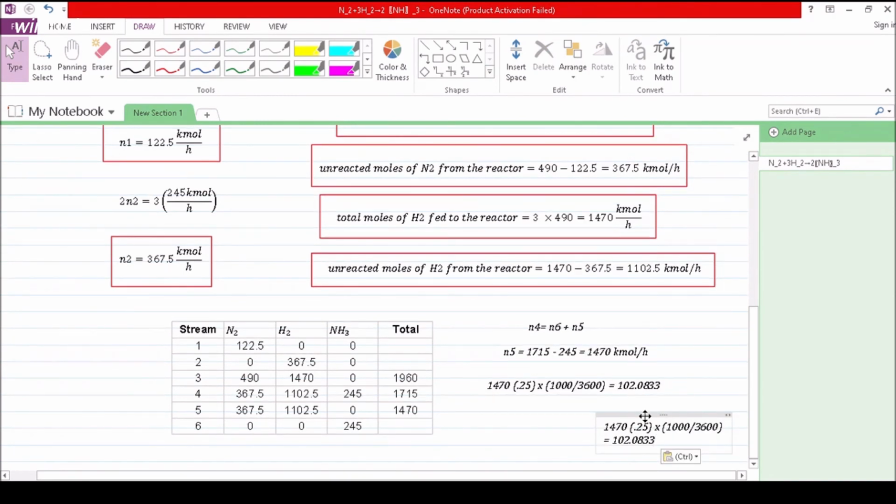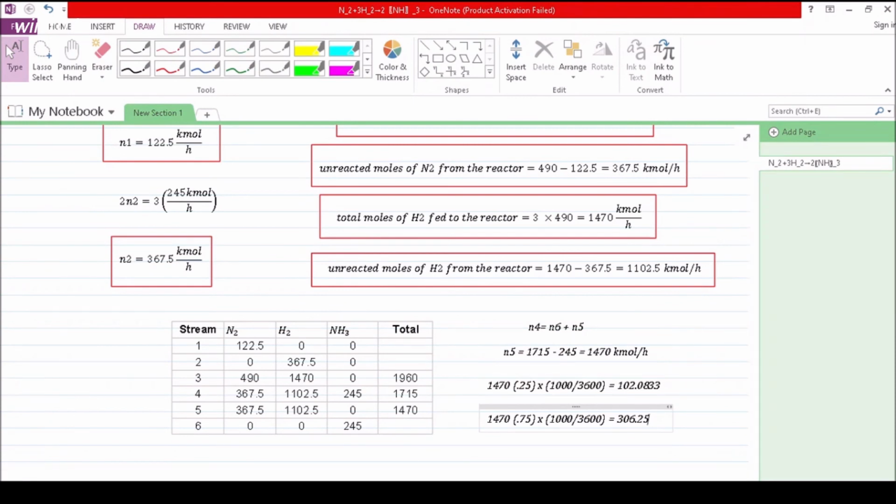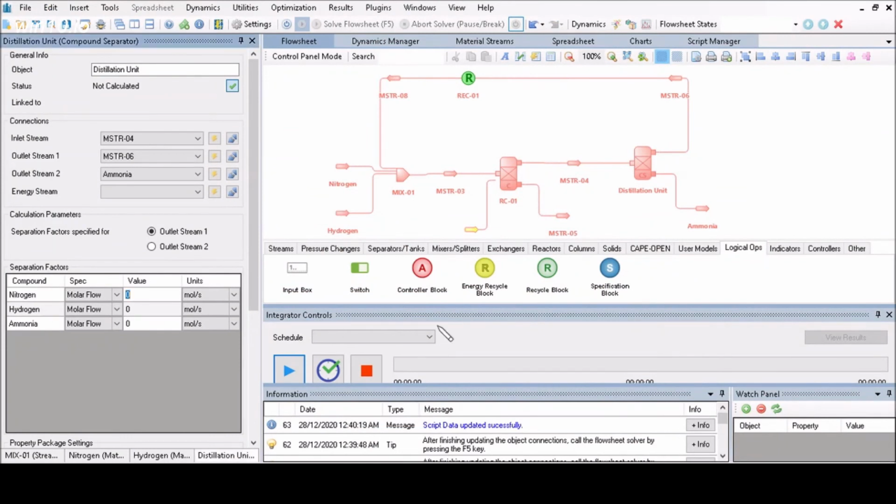For our hydrogen, the remaining, it will just be equal to 75%, and this would give us a value of 306.25. So take note of these values, and then we plug that in to our separator.